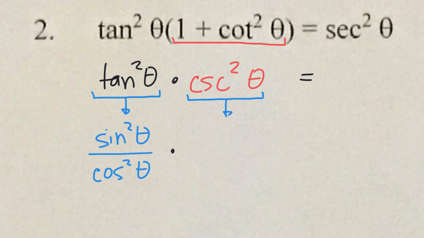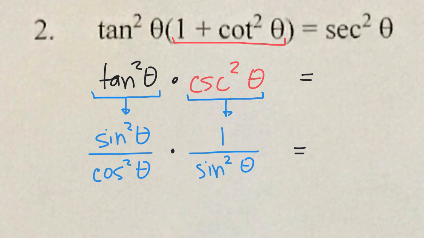So the reciprocal of cosecant squared is 1 over the sine squared. So I am replacing my two trigs, my tan squared and my cosecant squared, using my number one strategy of replacing everything with their sine and cosine equivalents.